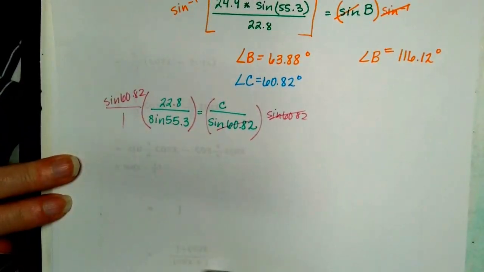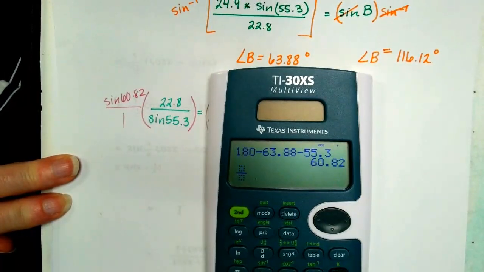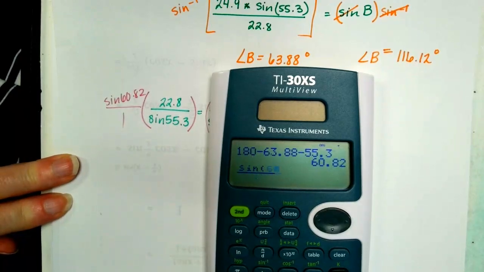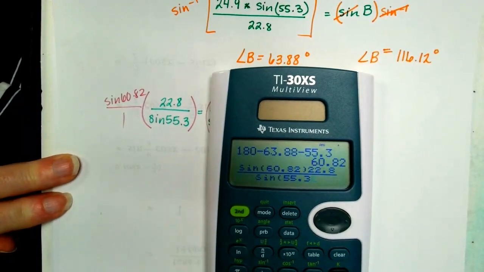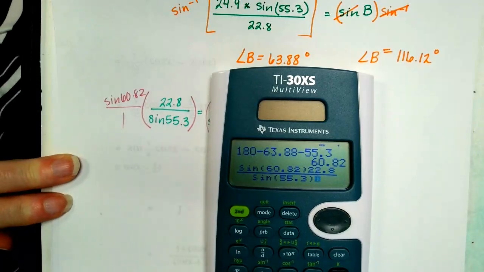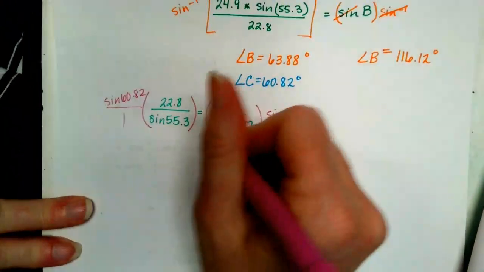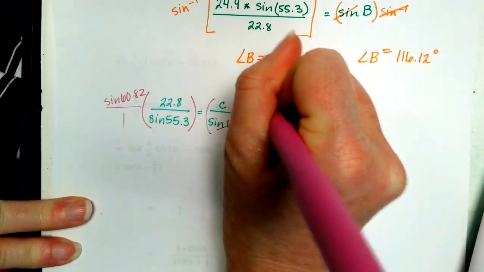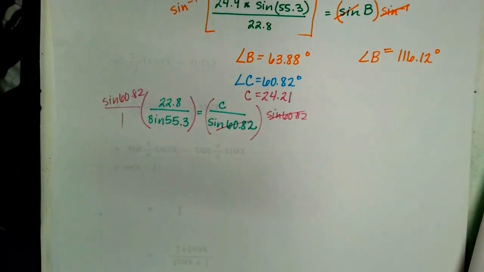That would be like this. 24.21. So side C is 24.21 on the first triangle, on the acute triangle.